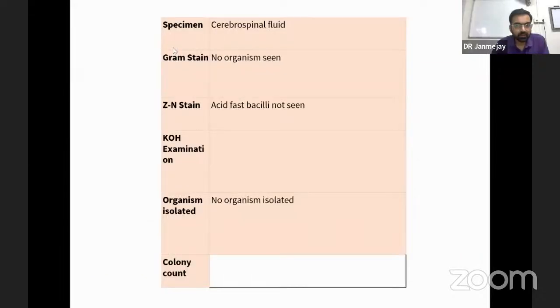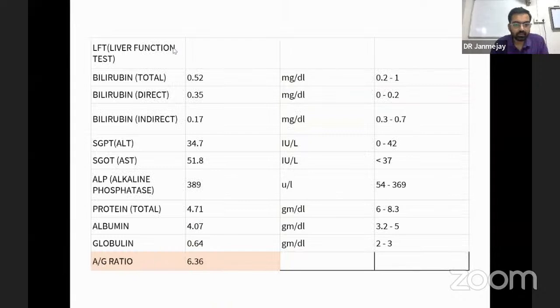On CSF examination, culture was negative. No organisms were isolated. But what was the routine? There must be the CSF protein, glucose, cells. Sir, routine microscopic details were not available, sir.